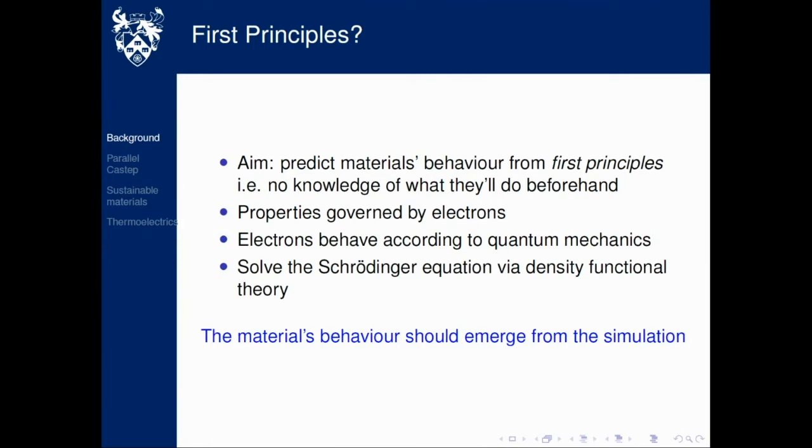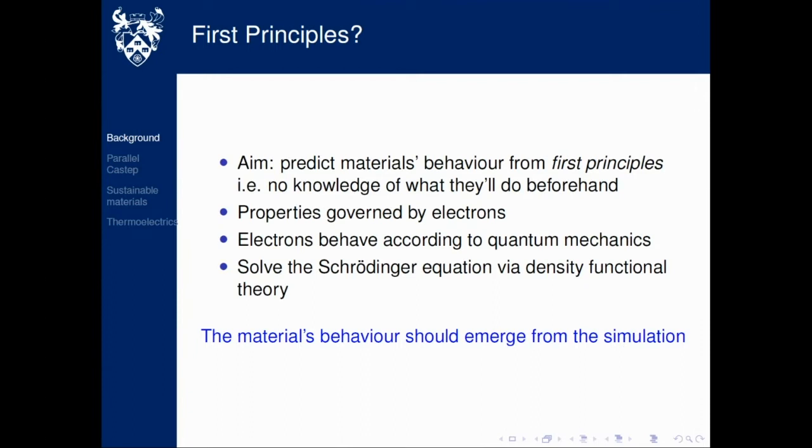It's possible because we know that most of the properties are governed by the material's electrons. The electrons behave according to quantum mechanics, and for quantum mechanics, we can write down the Schrödinger equation and solve that. It turns out solving the Schrödinger equation directly is extraordinarily difficult.